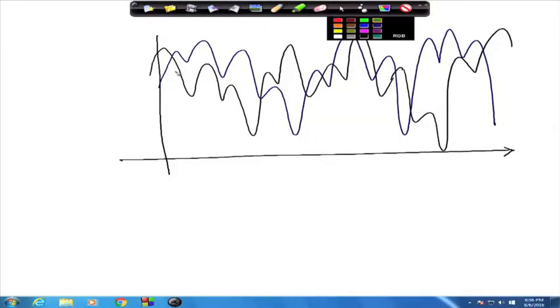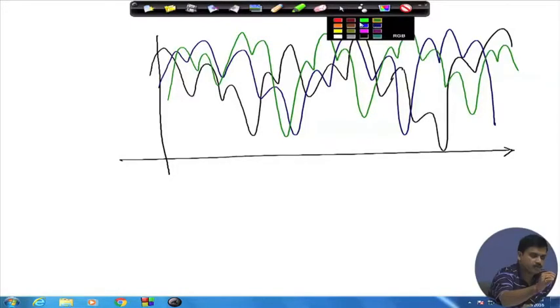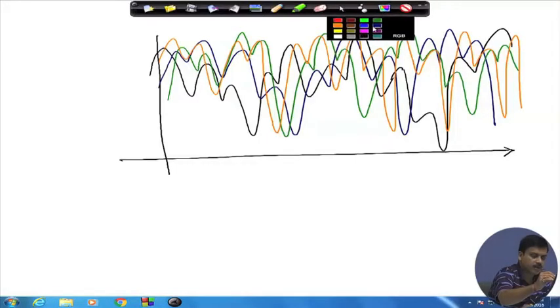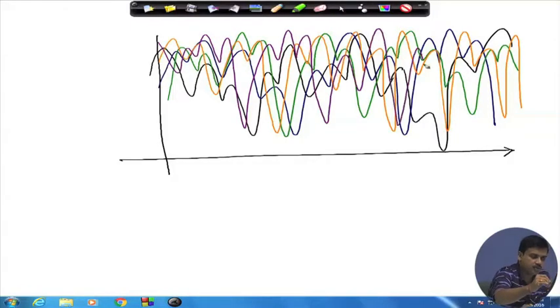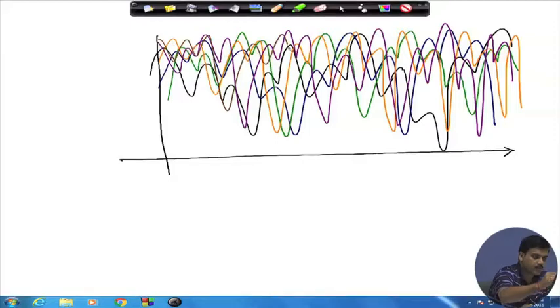The third branch may be following this particular one. The fourth branch could be this one. Fifth one, I'm simply trying to add more and more branches now compared to the previous pictures, and trying to ensure that their average SNR and their swing is the same, so that later we can do this combining.